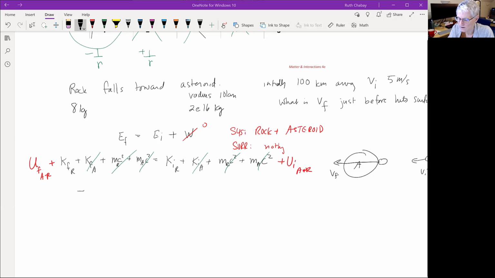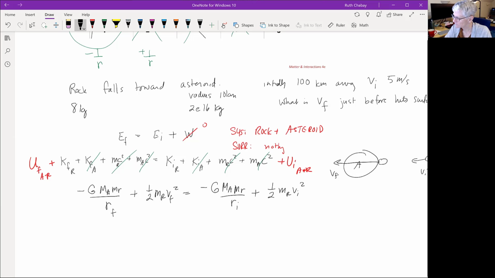So this is going to be minus G mass of the asteroid, mass of the rock, over the final radius, plus a half mass of the rock, V final squared, equal to minus G times the mass of the asteroid, mass of the rock, over the initial separation, plus a half mass of the rock, V initial squared. Yeah, Hunter was right. I made a mistake in that equation.